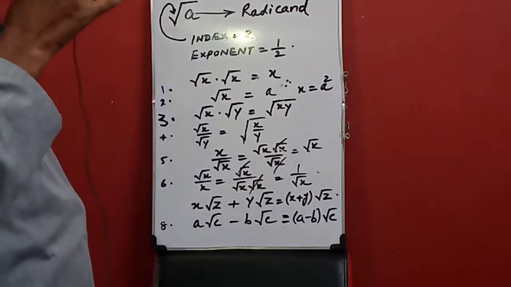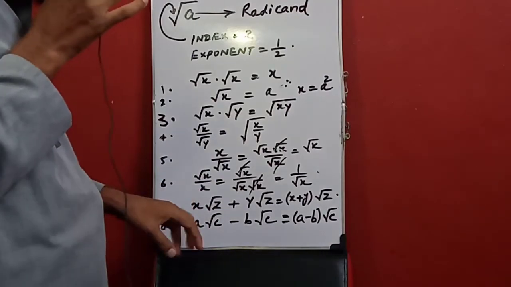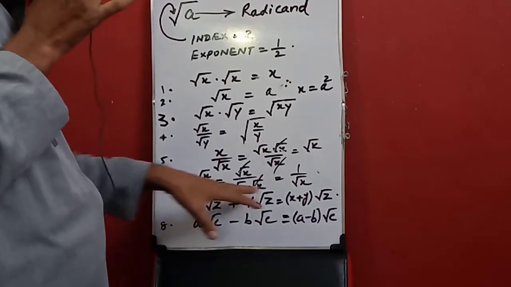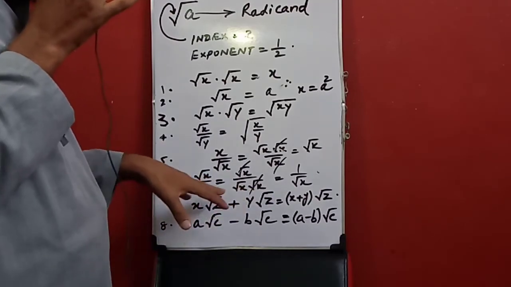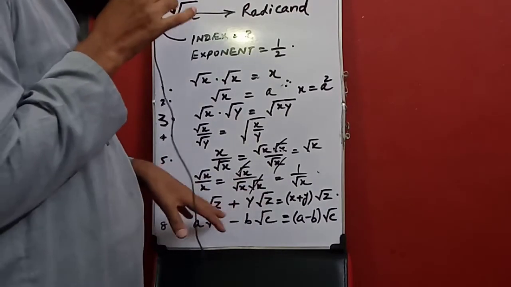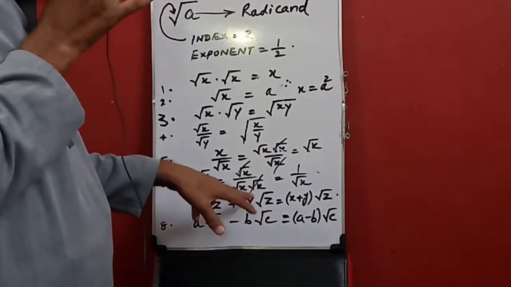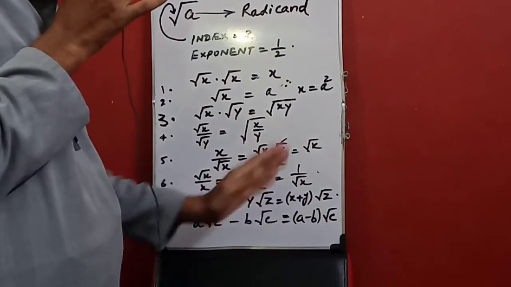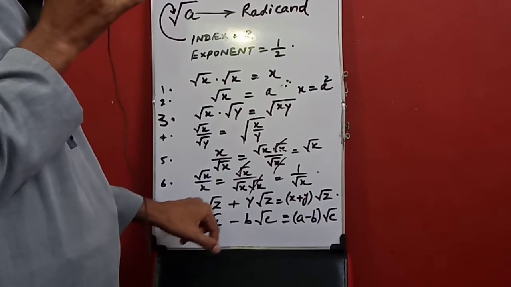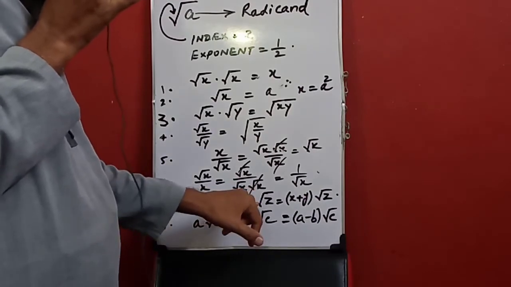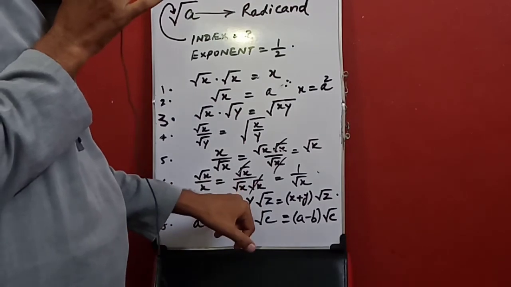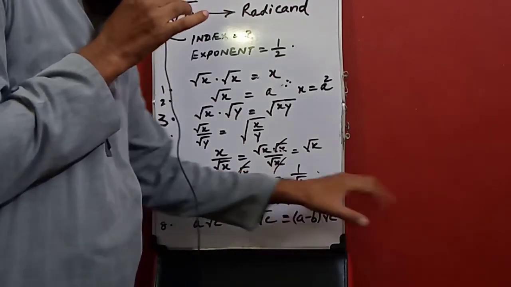If two different terms are added together but they have the same radical numbers or same terms, we take the same term as common outside the bracket. So here x root z plus y radical z, that means x plus y root z is taken as common.